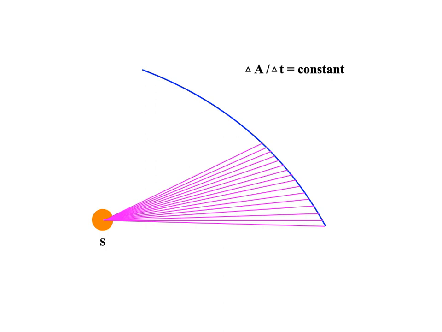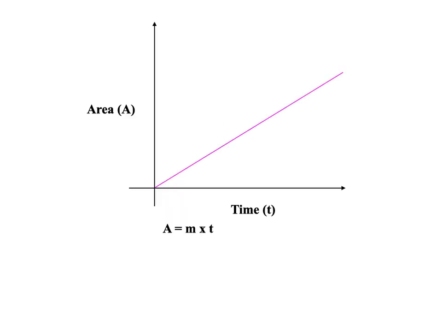In mathematical terms, we can say that delta A divided by delta t is constant. Using analytic geometry invented by Descartes around the time of Newton's birth, we can graph area as a function of time. As shown here, it is a line of constant slope, m.